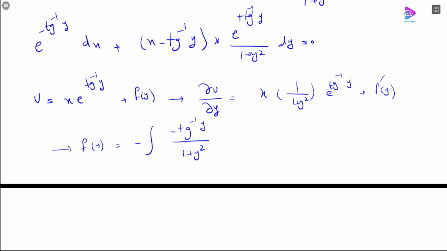I forgot, here we have tan inverse y e to the power of tan inverse y dy. So if we solve this equation, then we can find the solution.